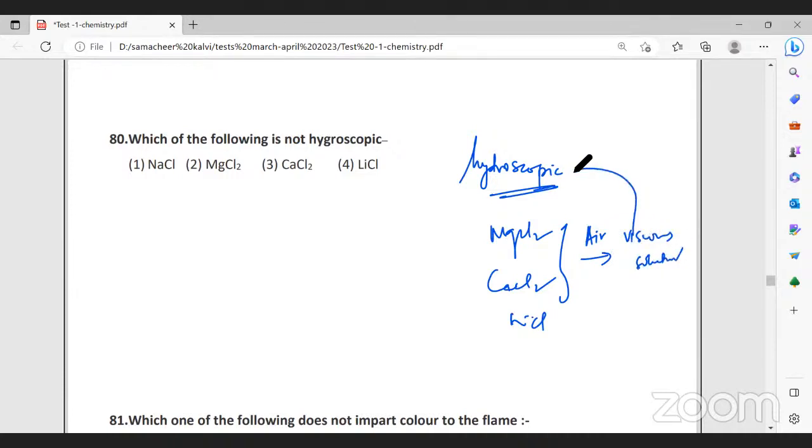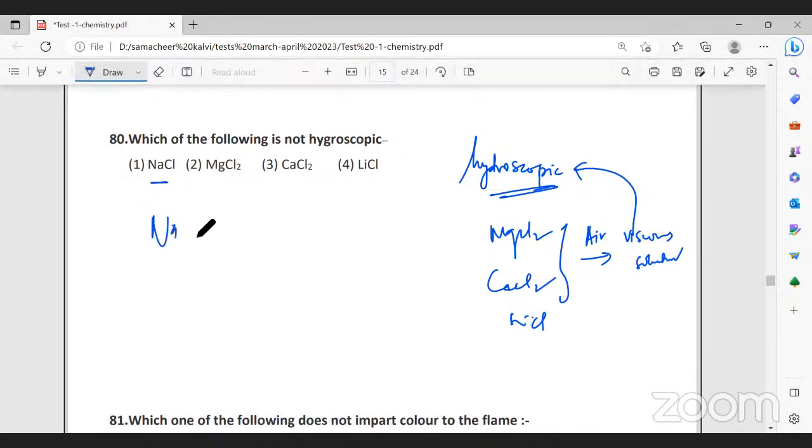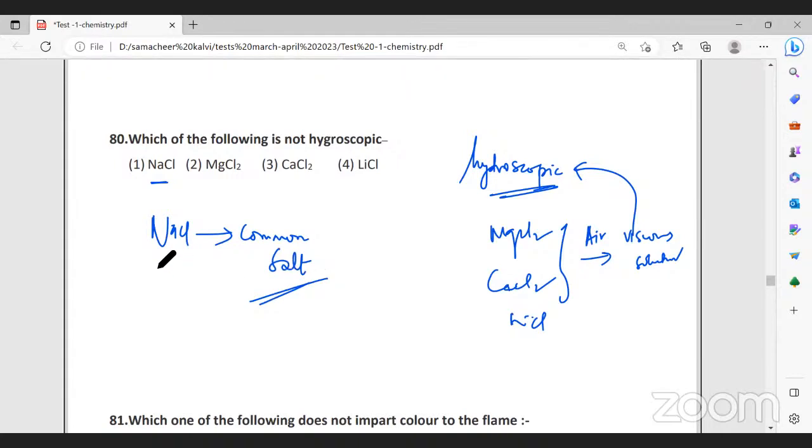That property is called hygroscopic property. But NaCl is a common salt which is used in cooking. If you keep it exposed to air for months, it will not become liquid or viscous. The solid remains the same. So sodium chloride is not hygroscopic, and all the others, magnesium chloride, calcium chloride, lithium chloride, will be hygroscopic.